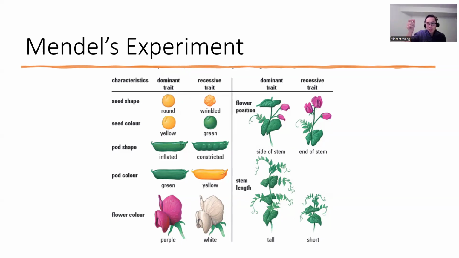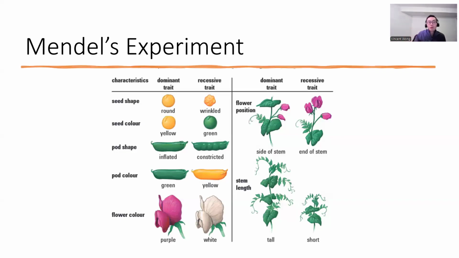You just take a little Q-tip and take a little bit of the pollen and then you touch the middle part of the flower, and that's going to fertilize the plant, and then you're going to get fruits from it. That's basically what he did. I'm sure they didn't have Q-tips back then, but I think he used a brush to collect the pollen, and then he could choose which plant to cross it with easily.